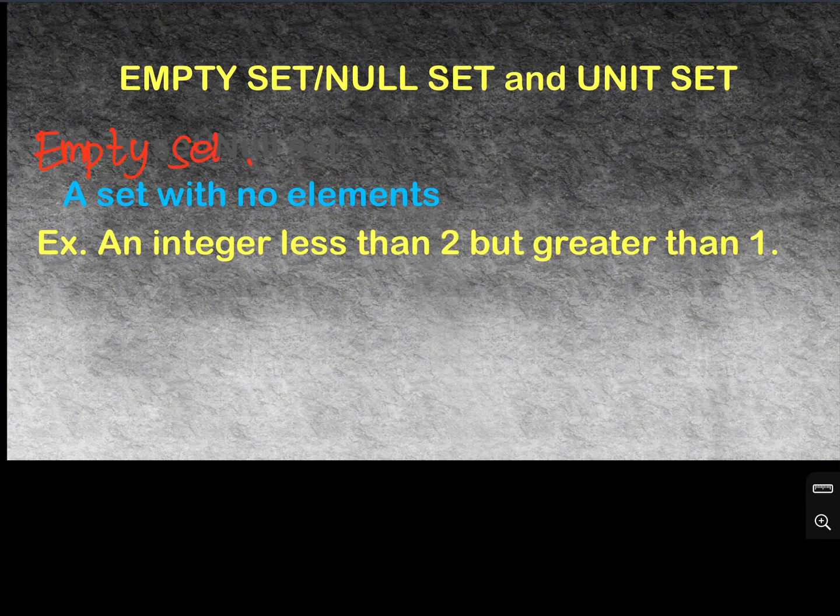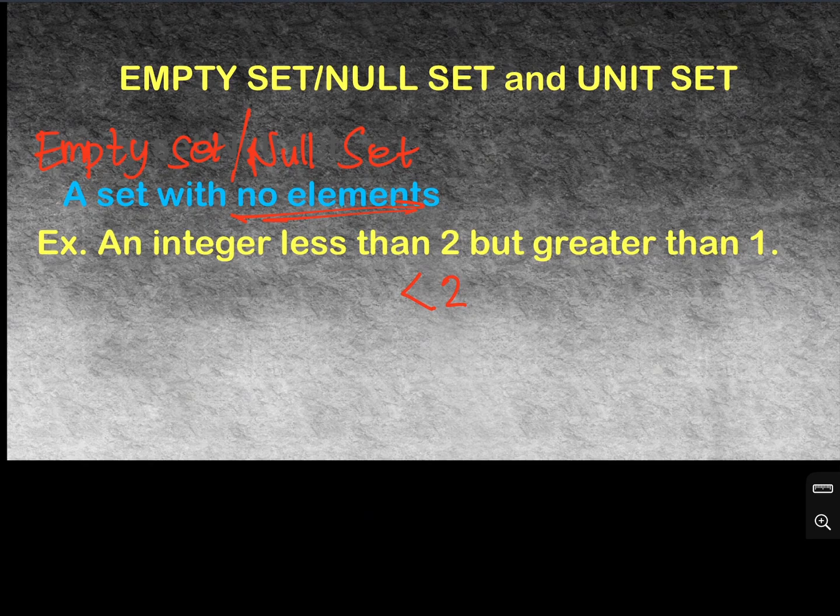Now let's move on to empty set or null set. A set with no elements, that's for empty. Example, an integer less than 2 but greater than 1. There's no integer there because integers are positive and negative whole numbers.